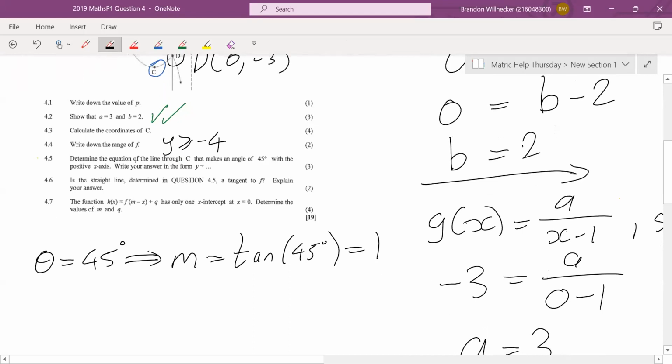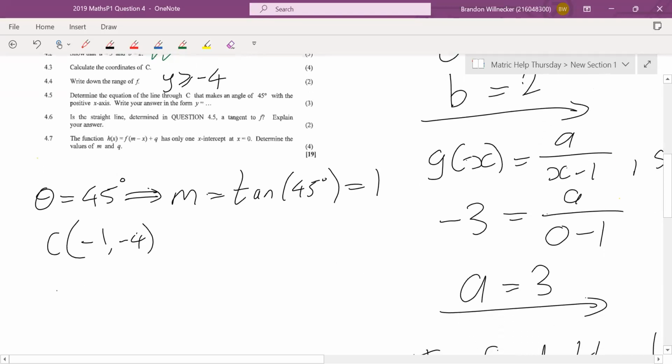Okay, so we've got m. Now, we know that it passes through the point C. Okay, and remember, C was given as (-1, -4). Okay, we've got the gradient, we've got a point, we can find the equation. So y minus y1 is equal to m times (x minus x1).